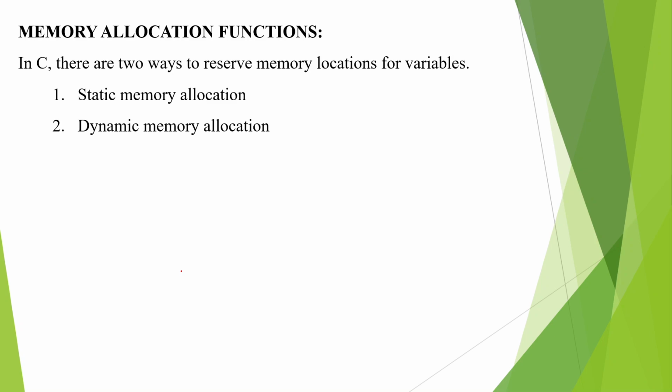One is during compilation or before compilation, and the other is after compilation or during execution. Whatever memory allocation we do at the time of compilation, we call static memory allocation. At the time of compilation, this memory will be allocated.